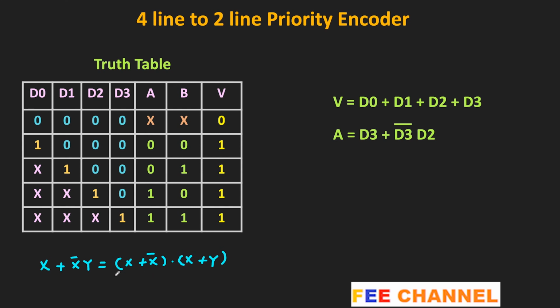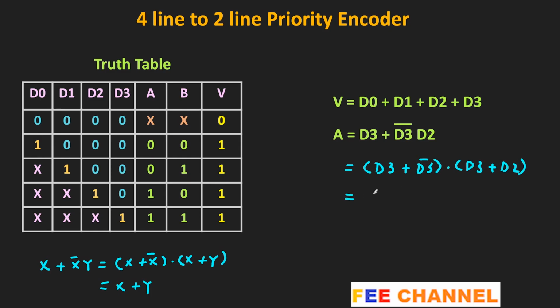So eventually we will get X or Y. That means X or X invert Y is equal to X or Y. Similarly over here, D3 or D3 invert and D2 is equivalent to (D3 or D3 invert) and (D3 or D2), and that is equal to D3 or D2. So that is the expression of A.